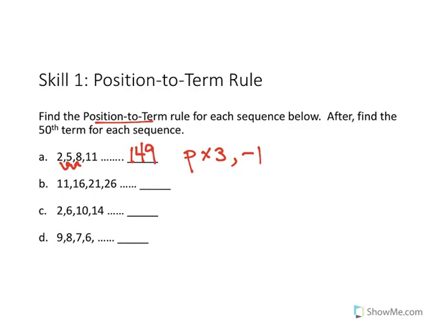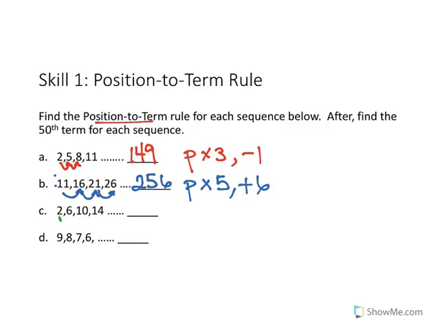In B, I'm going up by 5s, so I know I have to take my position and multiply it by 5. Now, from 1 to 11, 1 times 5 makes 5, plus 6, it makes 11. So, to find my 50th term, 50 times 5 is 250, plus 6 is 256.